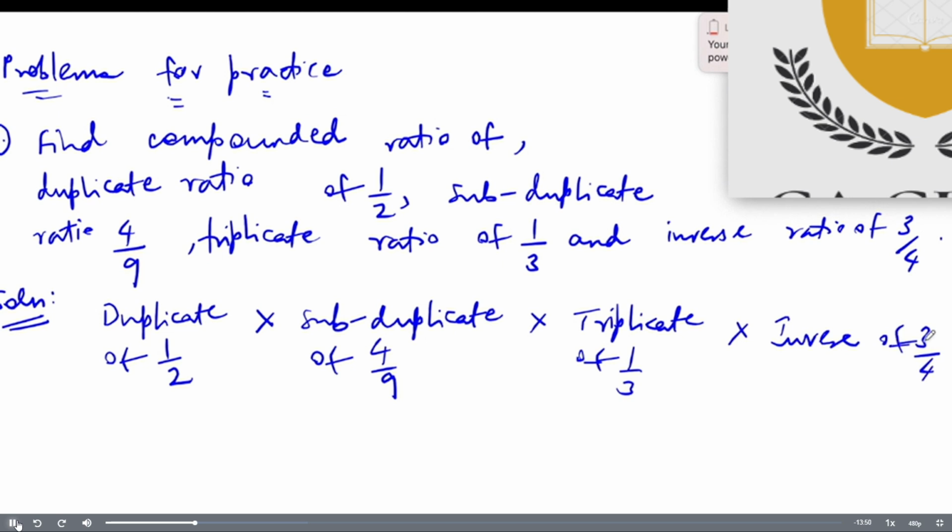This is what we have to find out. So let us substitute the figures here.